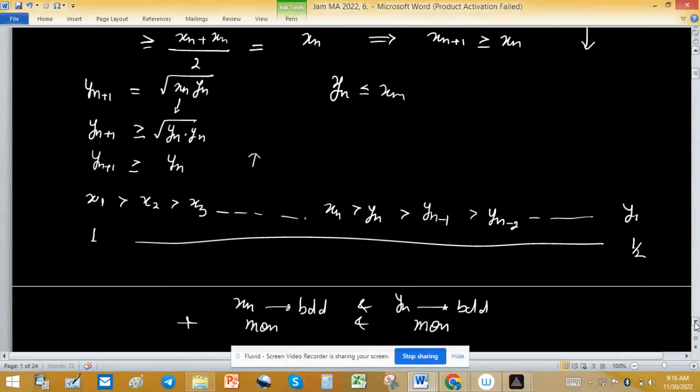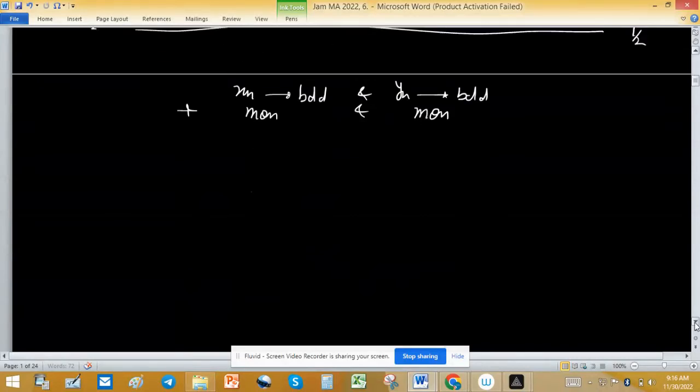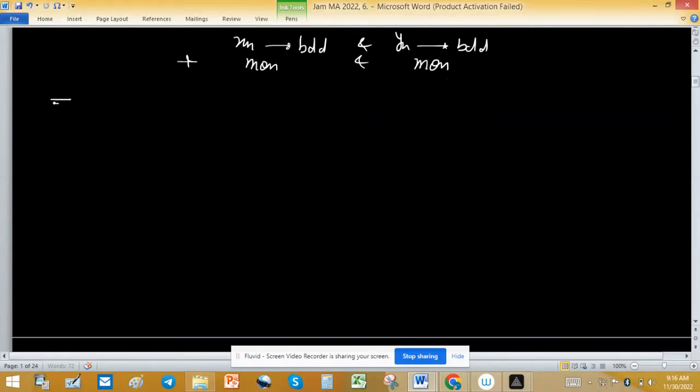So xn and yn both are convergent. Monotonic plus bounded implies convergent. This implies xn and yn both are convergent. Now try to find a relationship between the limits of xn and yn.